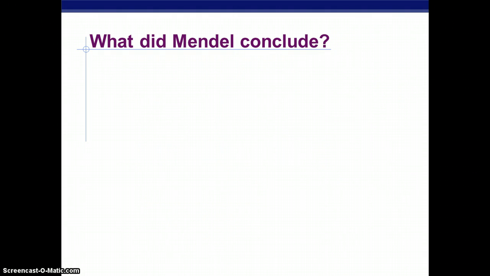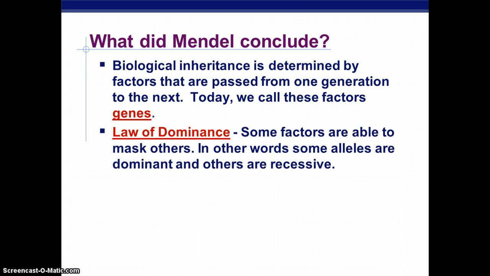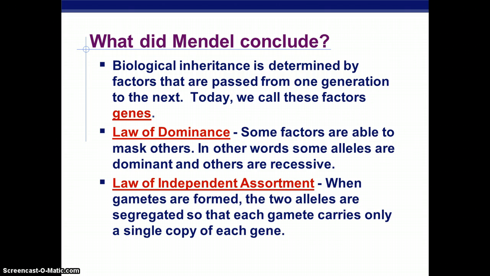Alright, so what was his conclusion? Well, biological inheritance, so traits that are passed from generation to generation, are determined by factors that are passed from one to the next. Today, we call those factors genes. So genes can be transferred from one generation to the next and determine the traits that you get. Mendel came up with two laws, the law of dominance and the law of independent assortment.